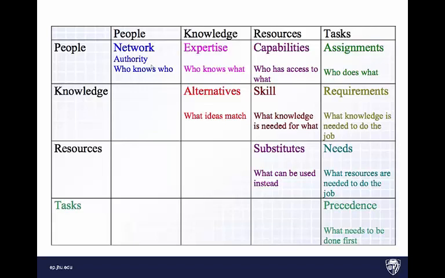These sorts of things can also be manipulated. We can represent people by knowledge, so who knows what, people by resources, capabilities, people by tasks, assignments, and all of these can be combined in different ways. And this chart that you're seeing here is from Kathleen Carley, and this represents different ways in which she says you can conceptualize relationships in an organization of people, knowledge, resources, and tasks.